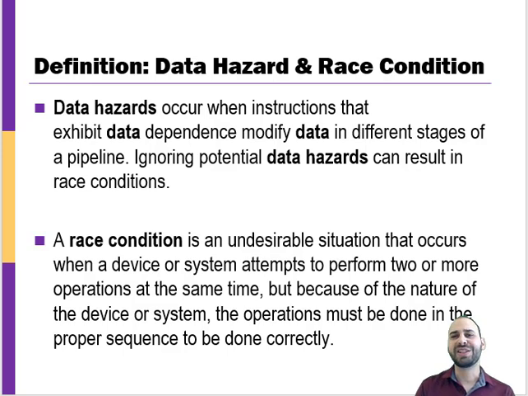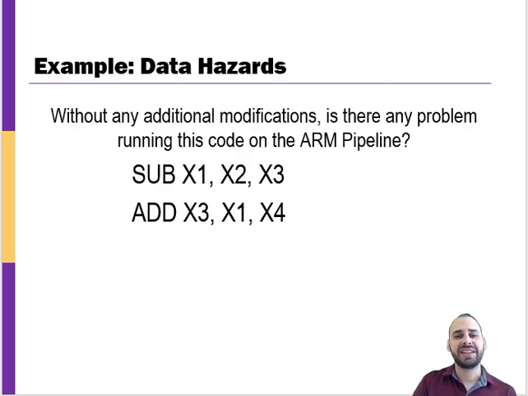Race conditions come up a lot in computing, where we have basically two things that are trying to use the same underlying resource, and there's a timing issue in how they're used. Now, I think that's a little abstract so far. We have to look at an example. When we look at an example, it's going to make a lot more sense. So let's take a look at this.